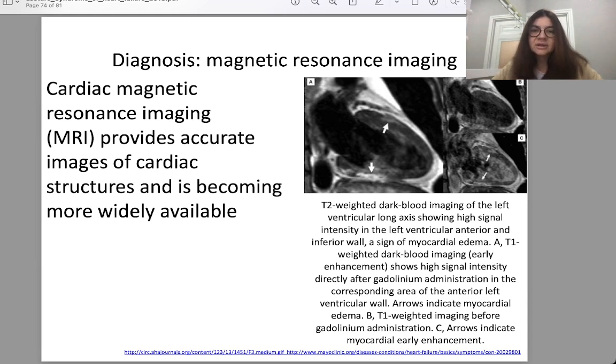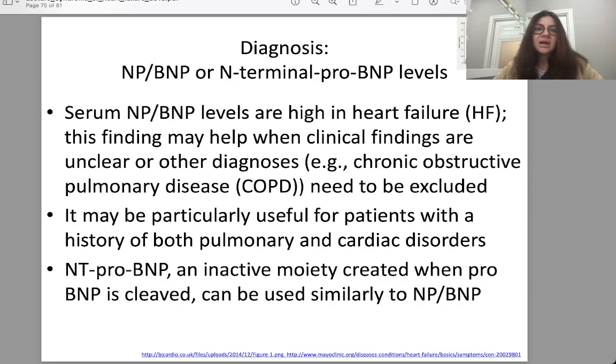And here you see T2 weighted dark blood imaging of the left ventricle long axis, showing a high signal intensity of the left ventricle anterior and inferior wall, a sign of myocardial edema.